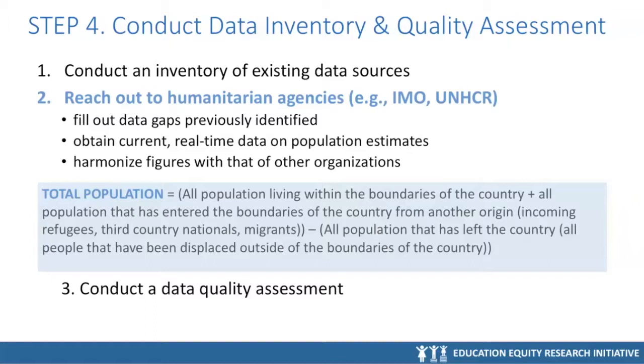Very often, administrative data sources, such as education management information systems, may not have data that can be disaggregated on the equity dimensions that may be of interest to the project, for example, ethnicity and language. Household surveys, on the other hand, might provide more possibilities in terms of disaggregation. So that's one of the things to pay attention to in the data quality assessment process, as well as other factors that we highlight in the guidance document.